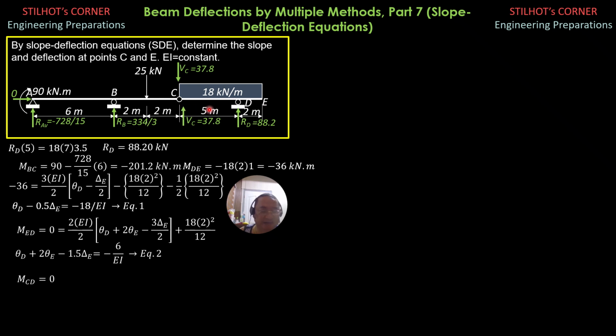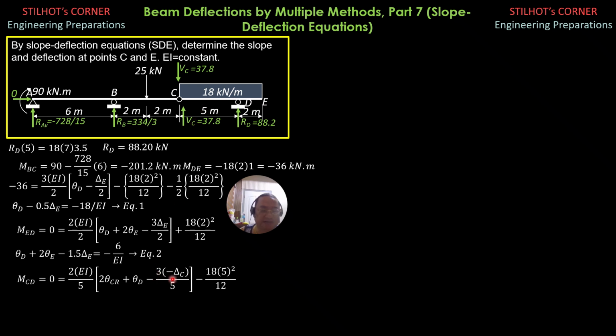Moment CD, which is 0, equals interior span: 2EI over L, 5, quantity 2 theta C right, the near end, plus theta far, which is theta D, minus 3 times negative delta C over 5. The assumption this time is that the deflection at C is downward, so the chord joining C right and D will be rotating counterclockwise, and in the slope deflection equation, that would be negative.